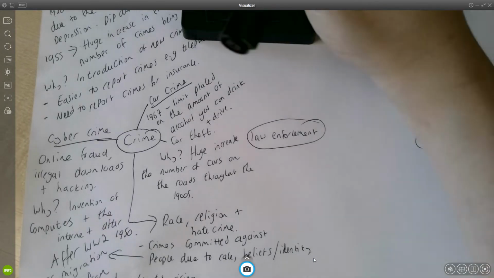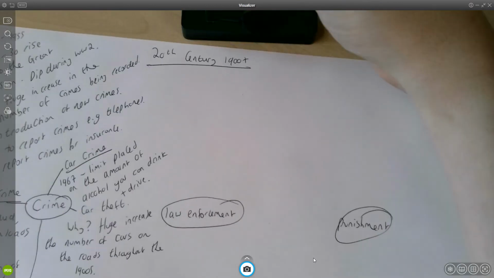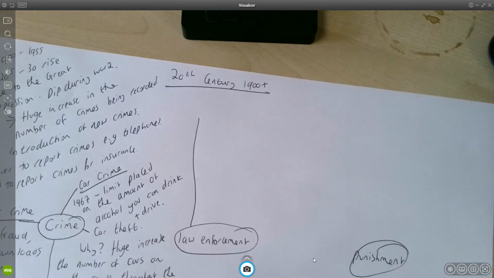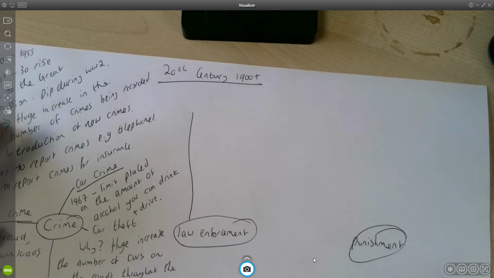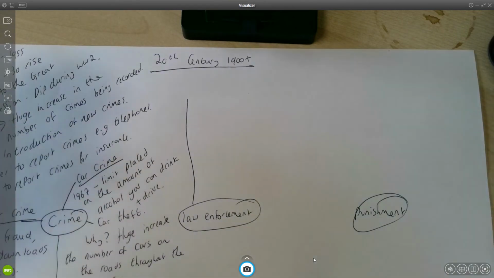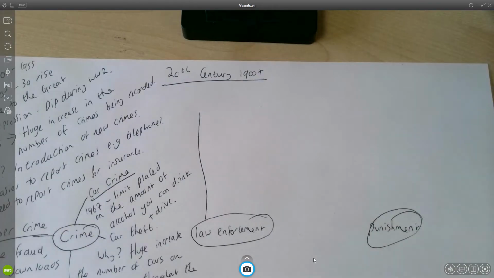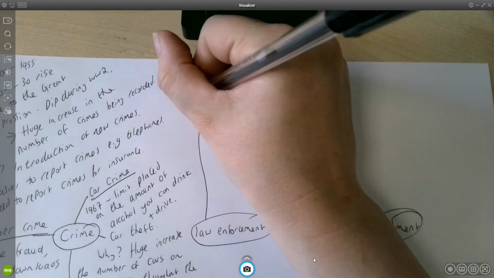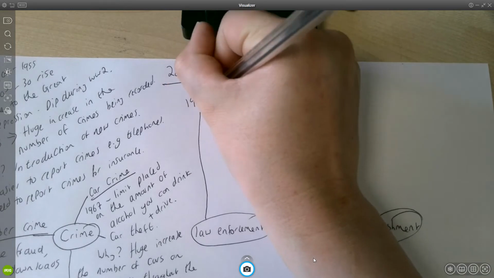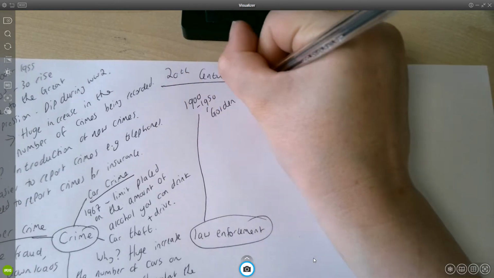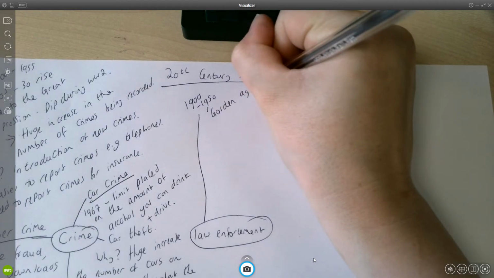Another key part of crime and punishment is law enforcement. Now, in the industrial period, we've seen the creation of the Metropolitan Police Force. So there's no big, huge creation of anything like that in this period, but what we do see is the development of that police force. Between 1900 to 1950, it's often called the golden age of policing.